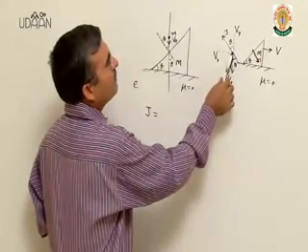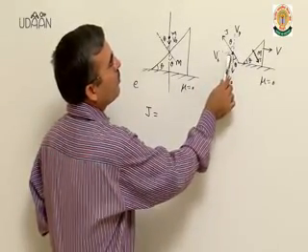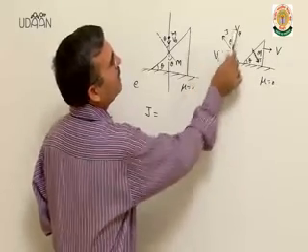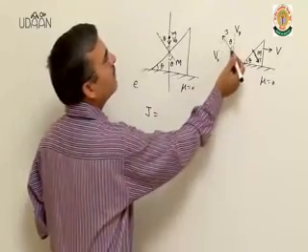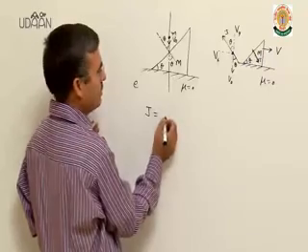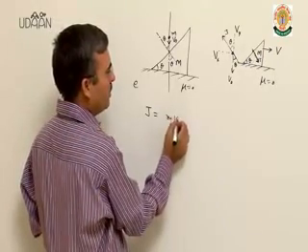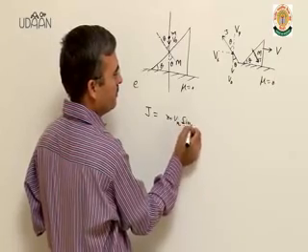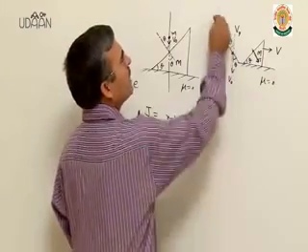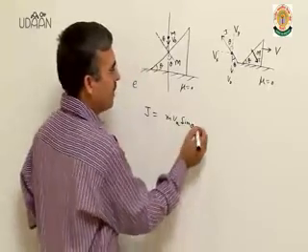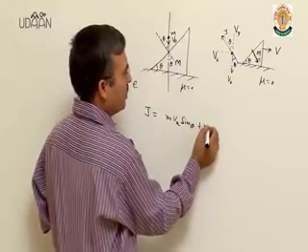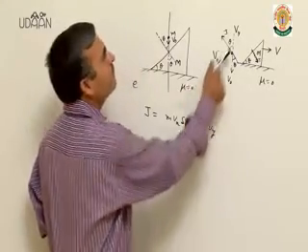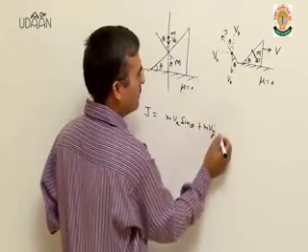Final momentum: the x component along this side is small m vx sin theta, the sin component of vx, plus small m vy cos theta.